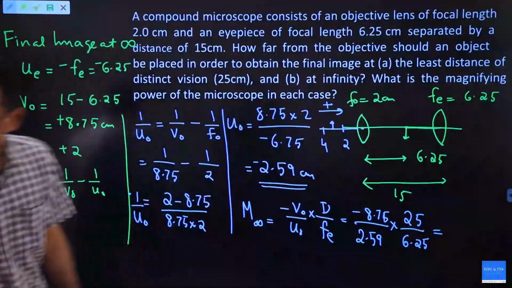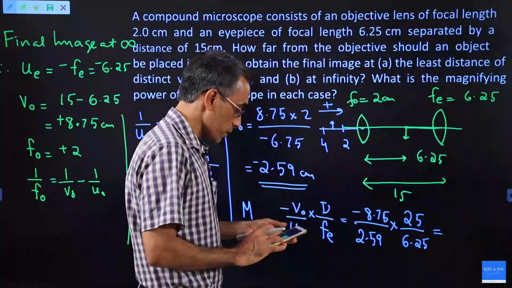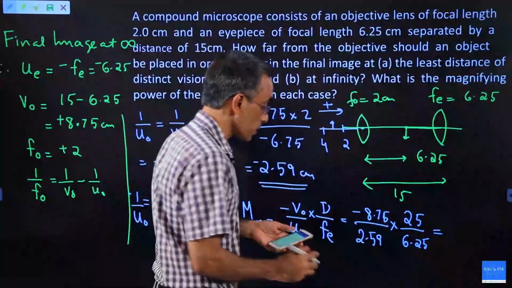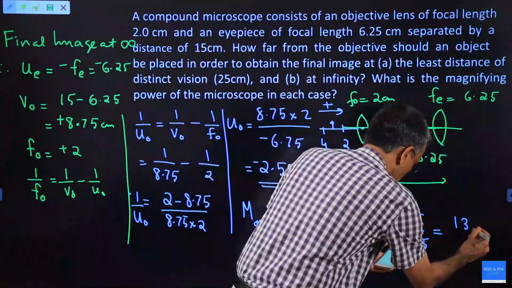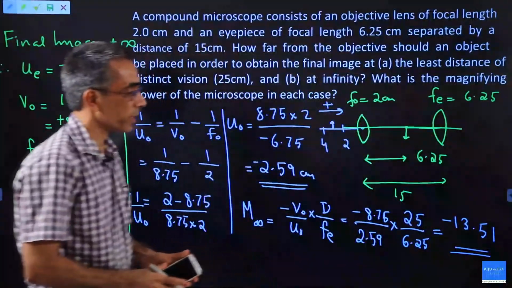If you calculate, you will get approximately 13.51 with a negative sign.